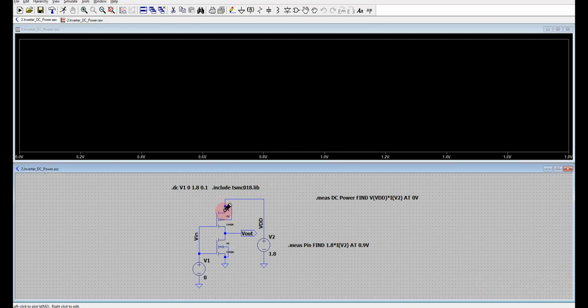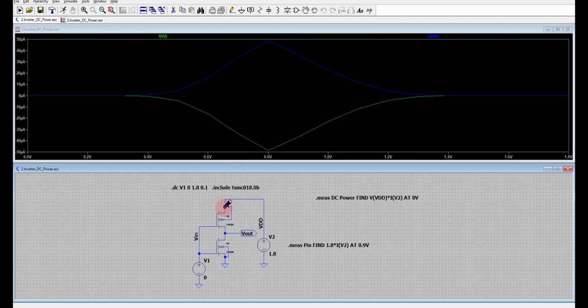So I can plot the current which is going from the source. Now this is in negative. It is showing negative because if the current is coming out of a device, it will show negative. So you have to interpret. If I plot the current for a PMOS, it will show positive here, because it is going into the device.